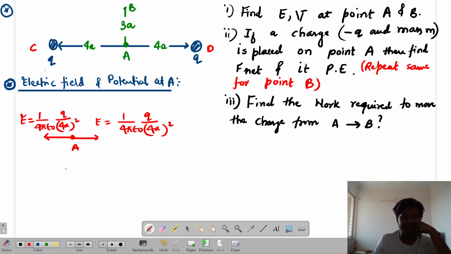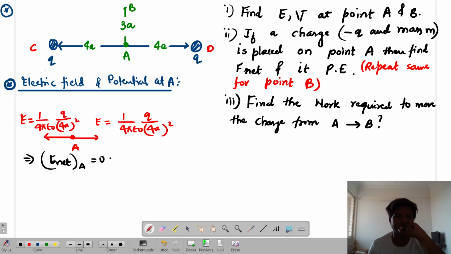So both of these electric fields are equal in magnitude and opposite in direction. So E net at A is equal to how much? 0. Are you able to get me? So net electric field at point A is how much? 0.